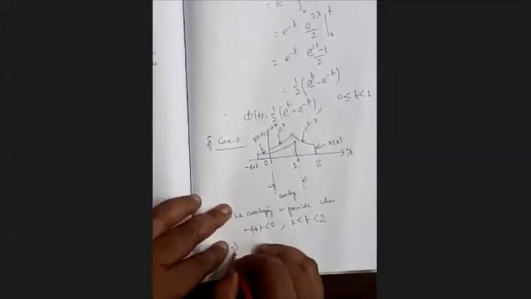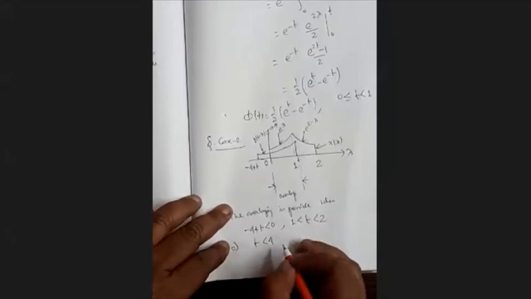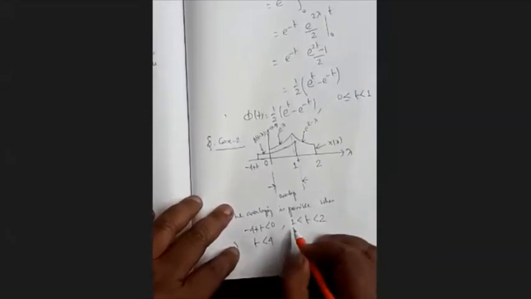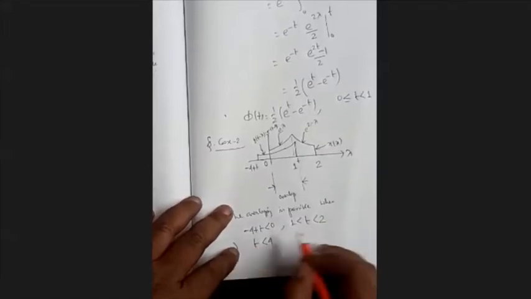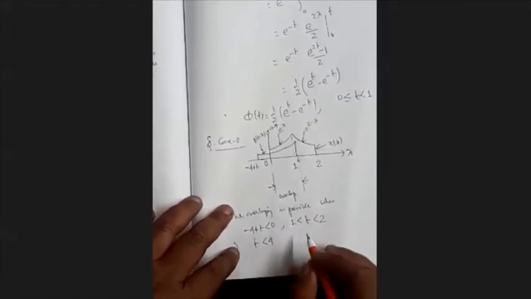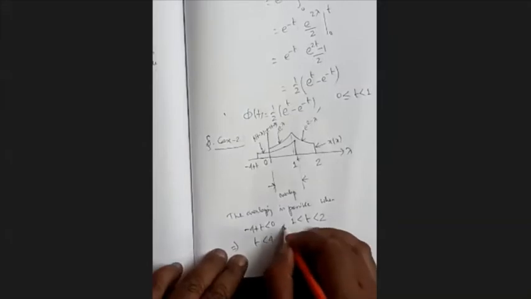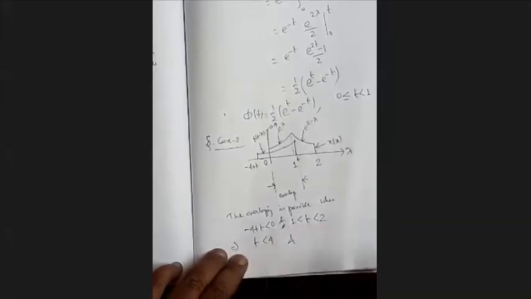From that we can get t less than 4. But t less than 4 is automatically satisfied in that thing. But when it is satisfied, it may not be satisfied. And ultimately that condition is greater than or equal to 1. Now I'm coming to that point.